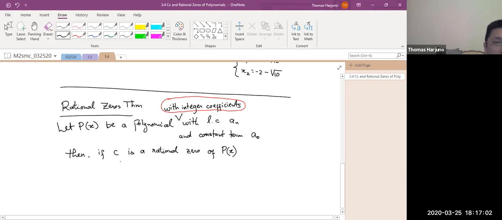Then, if c is a rational zero of P(x), which means that zero is a number in the form of a fraction, then c must be plus or minus a factor of the constant term divided by a factor of the leading coefficient.